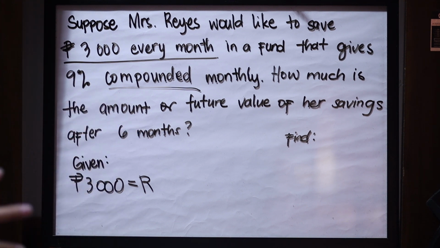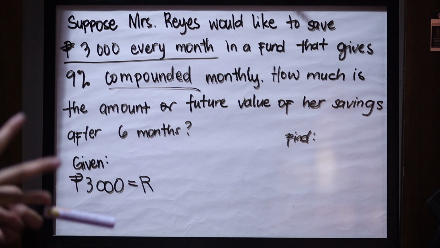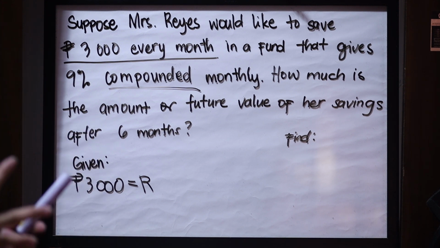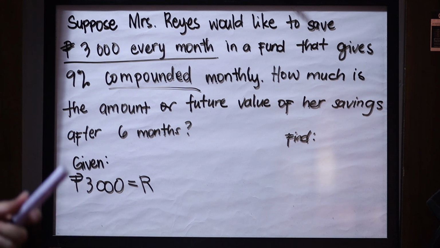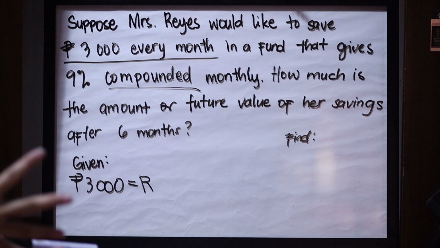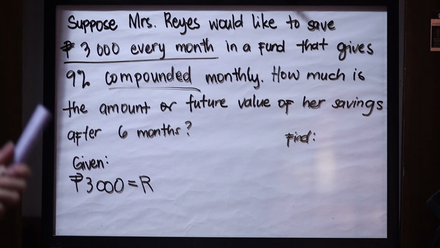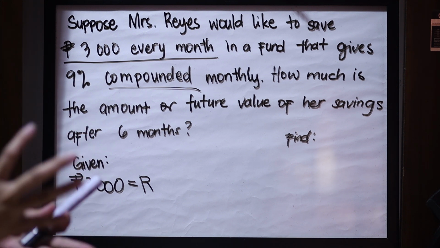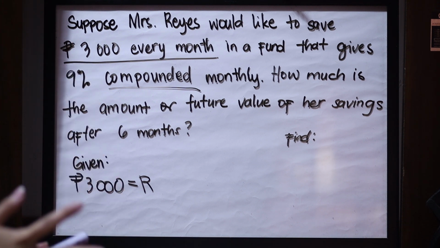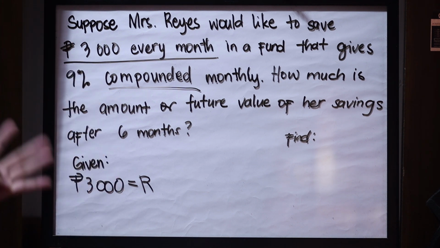That is what periodic payment means. Whatever the situation is, it is the constant value of the amount that you put in or that is given to the account.